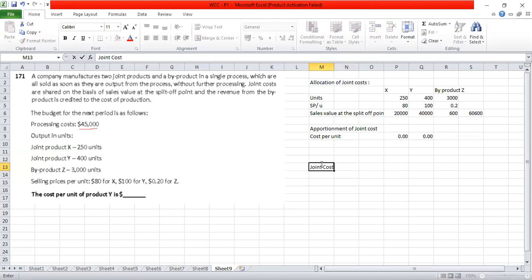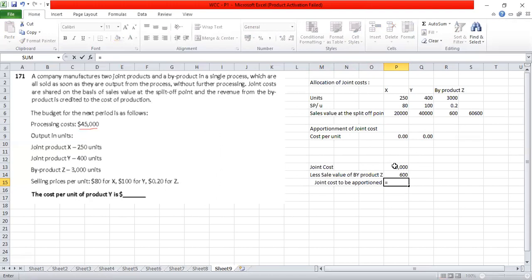Joint cost is 45,000 less sale value of byproduct Z, which we got as 600. So the joint cost to be apportioned: while explaining, I explained, but I made a mistake.